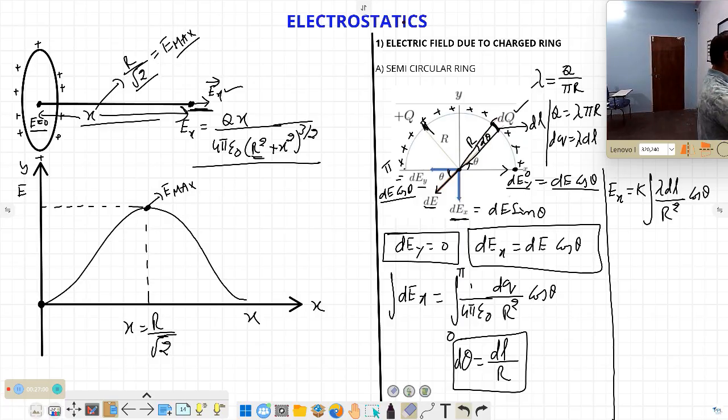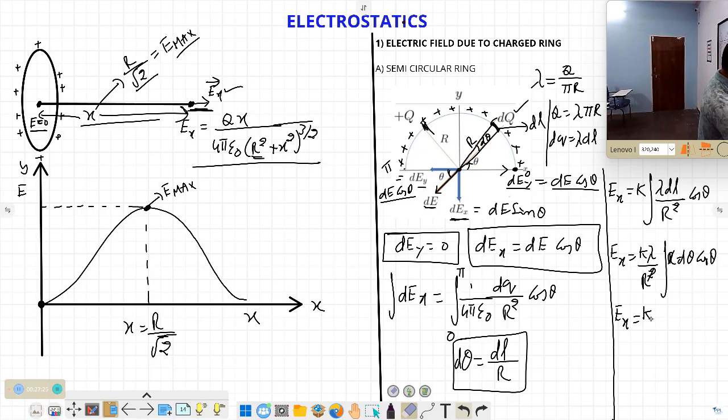So I can replace here Ex equal to k into lambda, which is constant, take it outside. R is also the radius of the semicircle, also constant, take it outside. Integral dl I can replace with R into d theta into cos theta. If you solve this, one R gets cancelled.